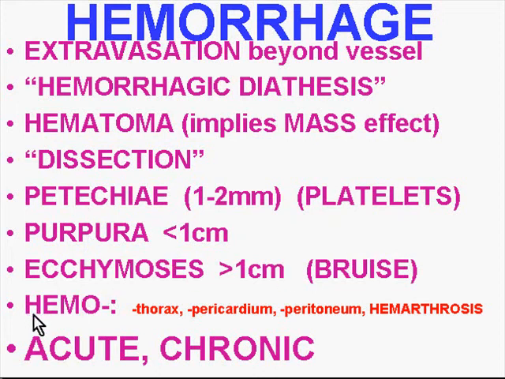Just like with water, we said there's such a thing as hydrothorax, hydropericardium, hydroperitoneum, hydrarthrosis. Well, if you sub the word hemo for hydro, it's the same process, in which now we have blood in these cavities rather than edema or fluid or water.